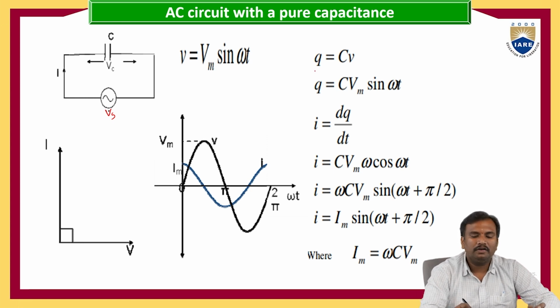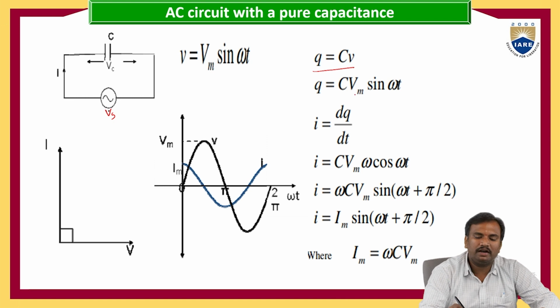For that we are taking the charge equation. Charge Q is equal to CV, so Q is equal to C Vm sine omega t, where I is equal to dq by dt.